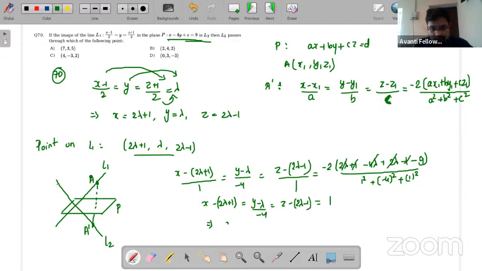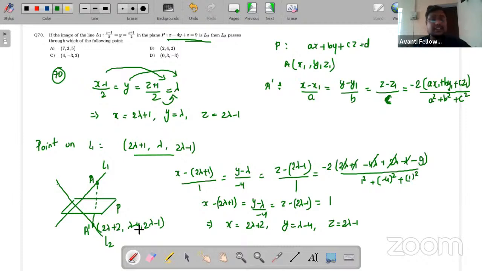From here we get x equal to 2 lambda plus 2, y equal to lambda minus 4, and z equal to 2 lambda minus 1. So this is my point A dash: (2 lambda plus 2, lambda minus 4, 2 lambda minus 1). Basically this is a general point on the image.